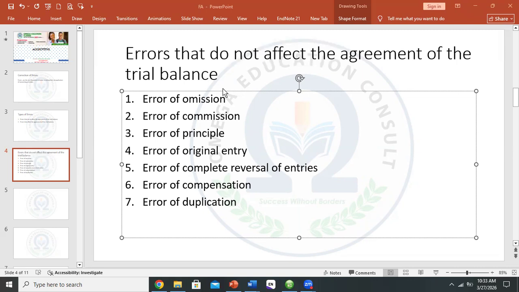Okay. Let me talk of this one. Duplication. Prof. Zoe, duplication. What do you think this error would be about? Prof. Zoe, I want you to try this one for me.